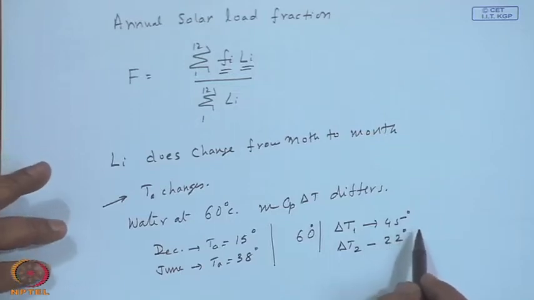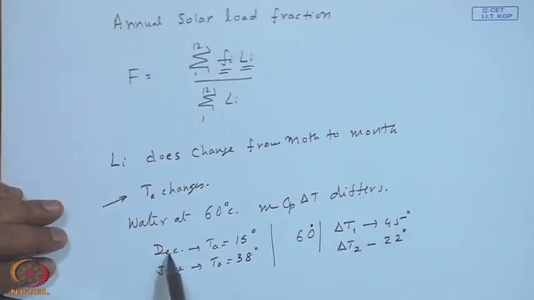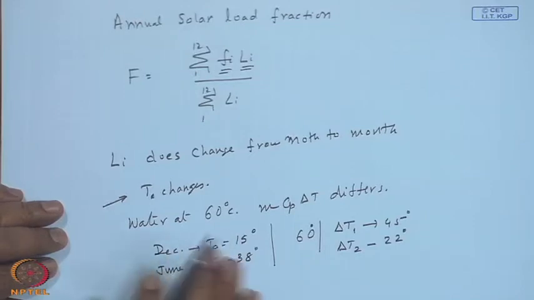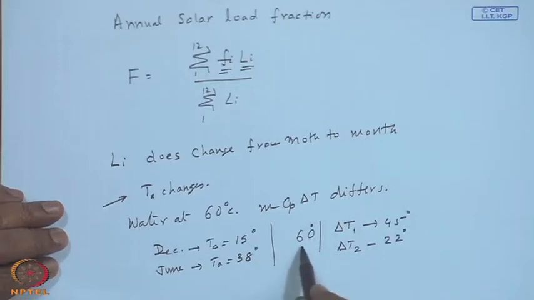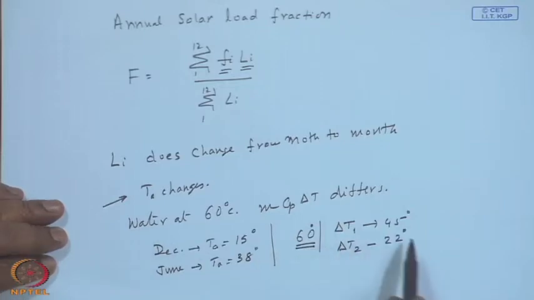In addition, you combine the fact that December radiation may be 2/3 of the June radiation. But do not think of only bathing, any other application. If my desired temperature is 60, the load on the system in the winter is almost 4 times the load in June.